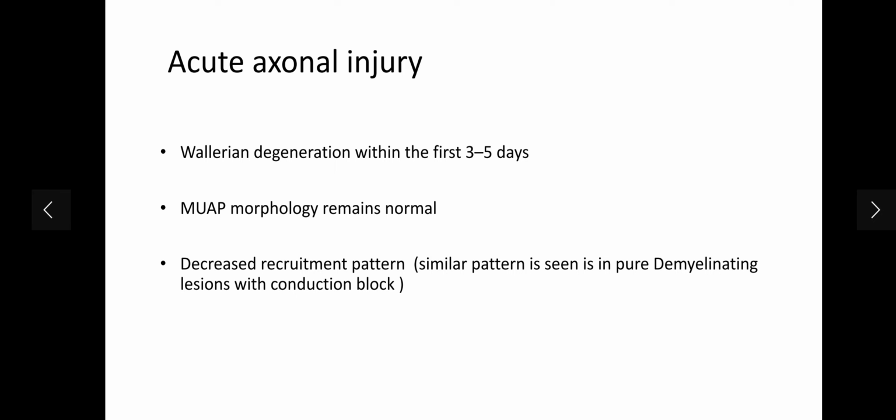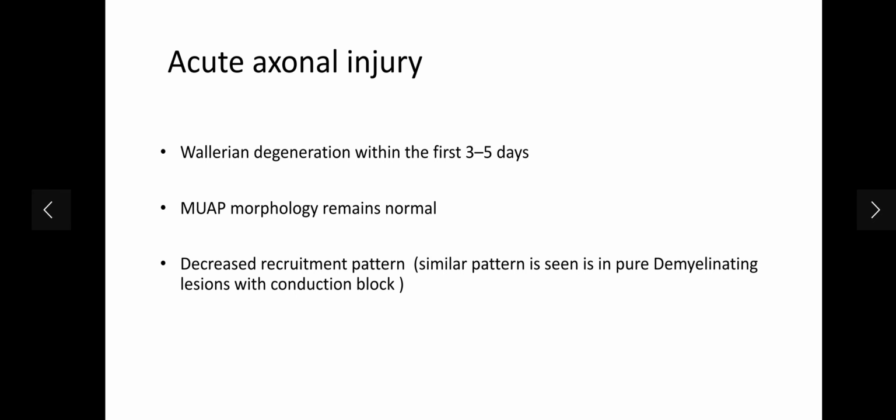So there isn't enough time for the motor unit action potential to change in morphology. The only thing that you would see is decreased recruitment, because the action potentials are not arriving to the muscle fibers. But the morphology of the motor unit will remain the same, because nothing much has happened.